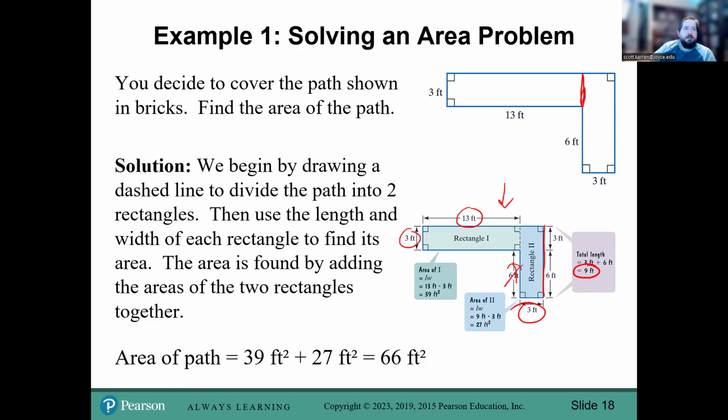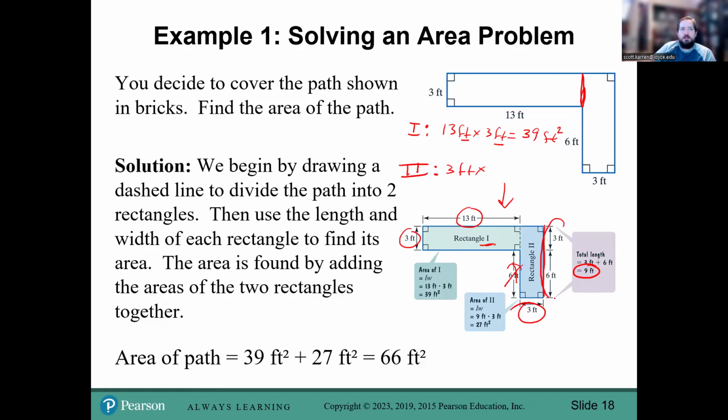Right? So if I find the area, rectangle 1 has an area of 13 feet multiplied by 3 feet. So 13 times 3 is 39, and I have feet multiplied by feet, so I get feet squared. And if I see feet squared, I know I'm just in area. I know I'm in a 2-dimensional measure here. And rectangle 2 was 3 feet multiplied by 9 feet, right?